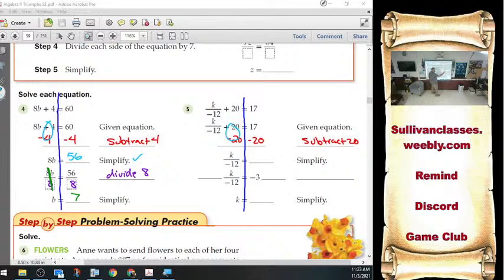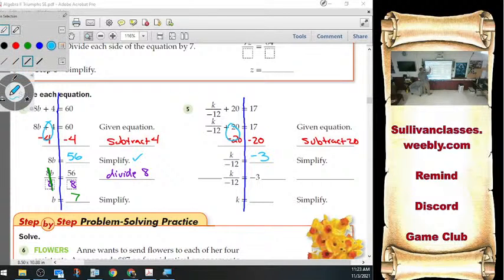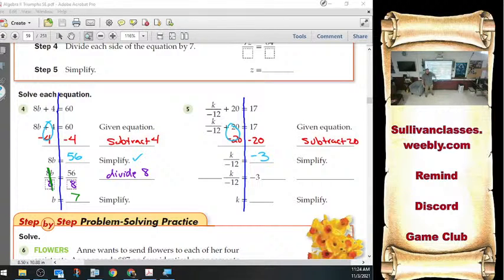And then 17 minus 20 is negative 3. Okay. What is that negative 12 doing with k? What's that line? Divide. Multiply both sides by negative 12, and then you got your answer.